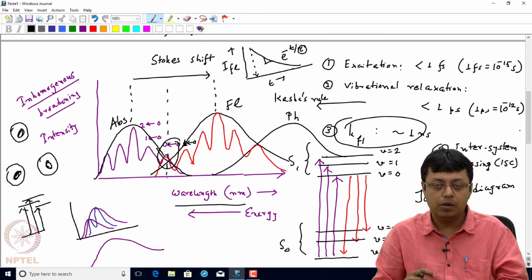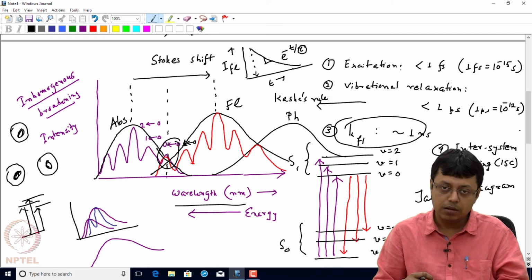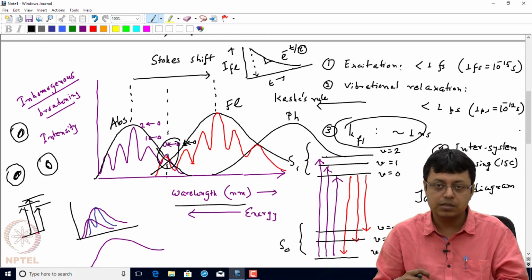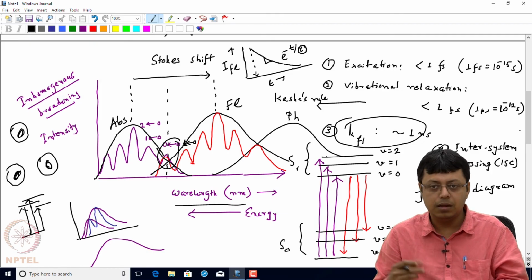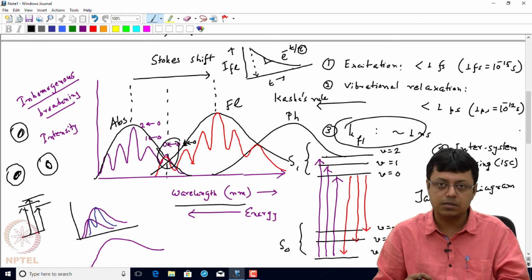That we'll also be talking about. So we'll be talking about two different things: one is combustion chemistry, and one is photochemical reactions, which is the environmental chemistry. Atmospheric chemistry we will call it. So that falls under the big subject known as photochemistry. We'll be discussing it in terms of the kinetics of those processes.